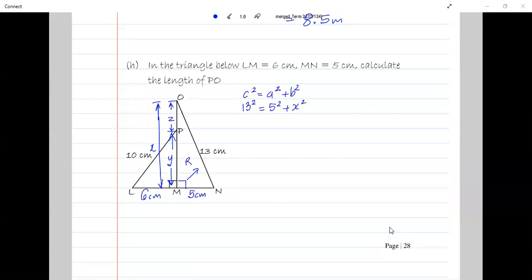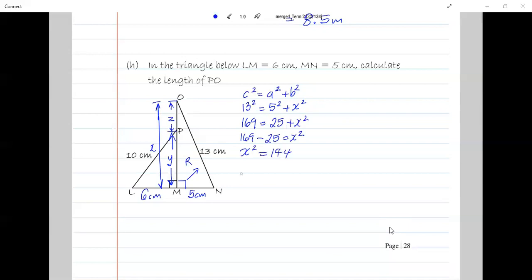So X is the length from M to O. 169 is equal to 25 plus X squared. 169 minus 25 is equal to X squared. So positive 25 goes over and becomes negative. So X squared would be equal to 144.